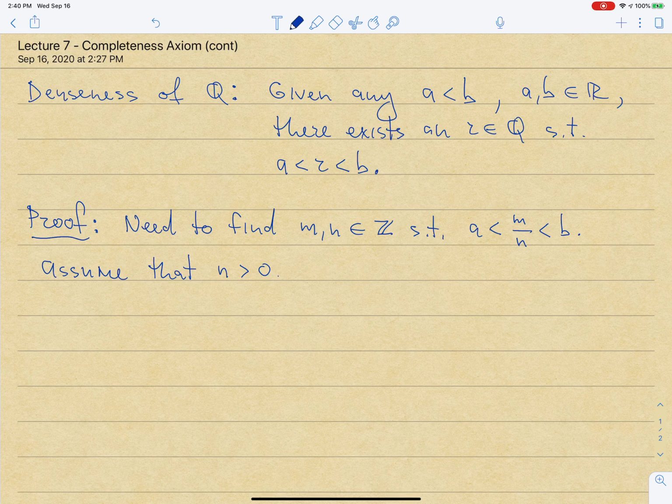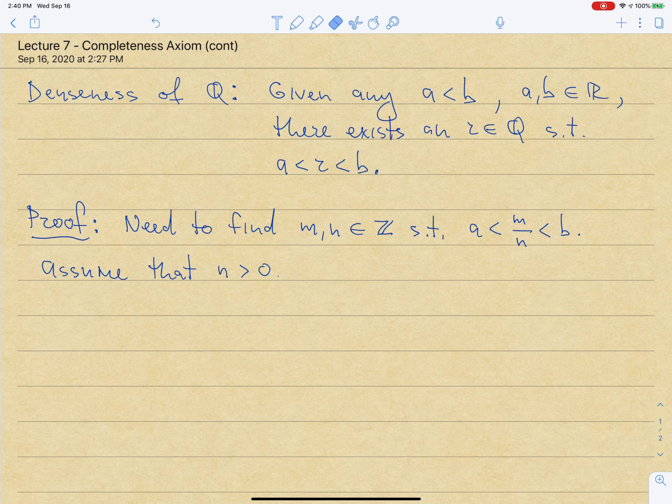Because I always can: if the rational number is positive or negative, I can always place a sign on m and keep n positive. And another thing is that n cannot be equal to 0, right? Because then we don't have a rational number. So n is greater than 0.